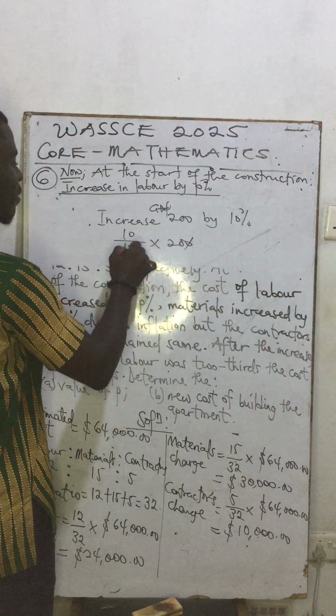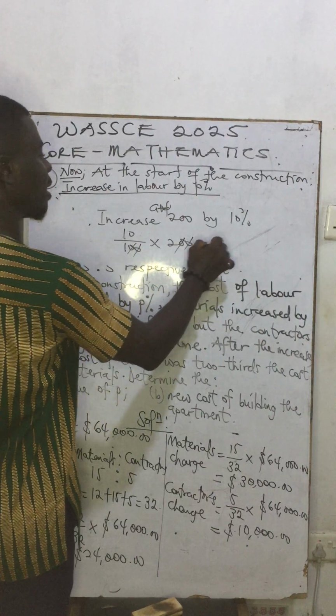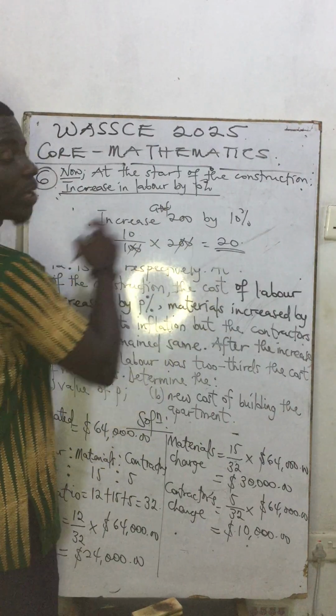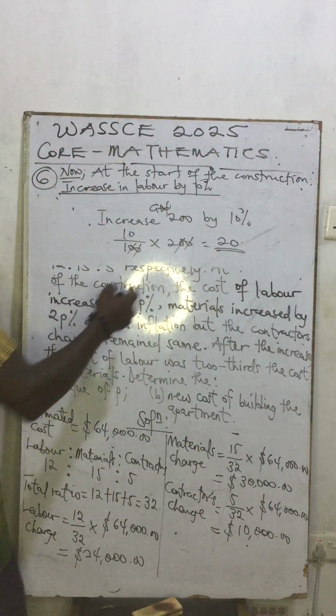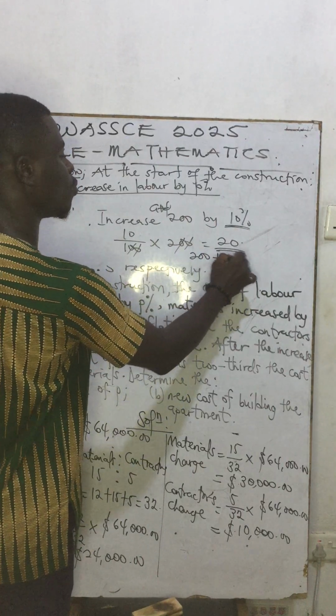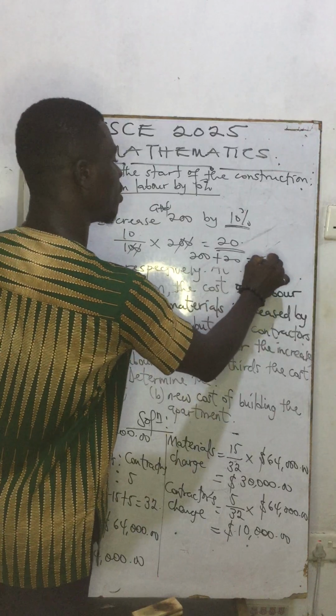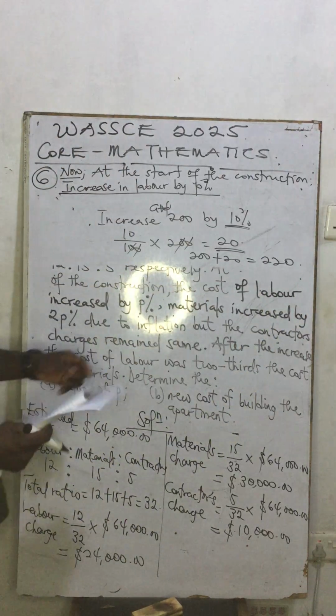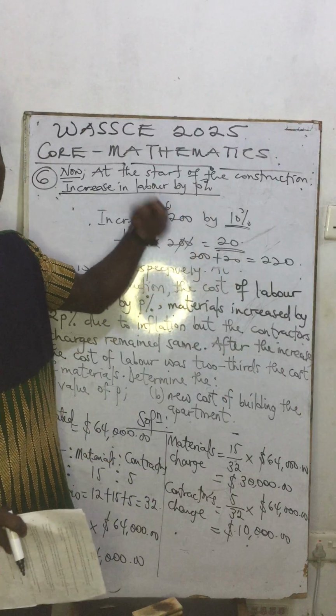This cancels, and 2 times 10 is 20. So 10% of 200 is 20. But they said we should increase it by 10%, so you add 20 to 200, making 220 Ghana cedis.